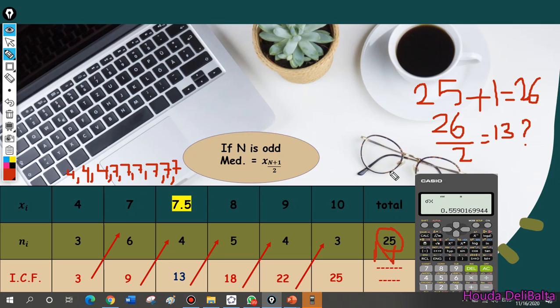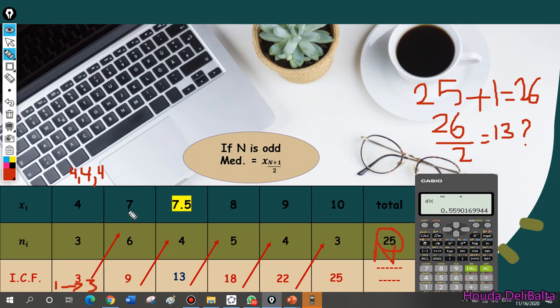I don't have to do that, so I have to erase that. I have to use the ICF table. Here is as if we are moving from the first value to the third value, because as I mentioned before, we have 3 values that are equal to 4. So x1, x2, x3 are 4. So here, as if we are moving from x1 to x3.